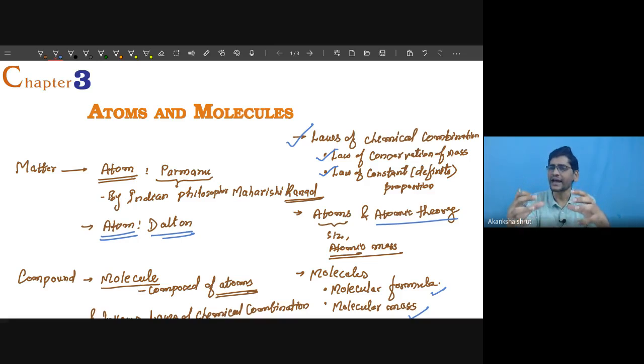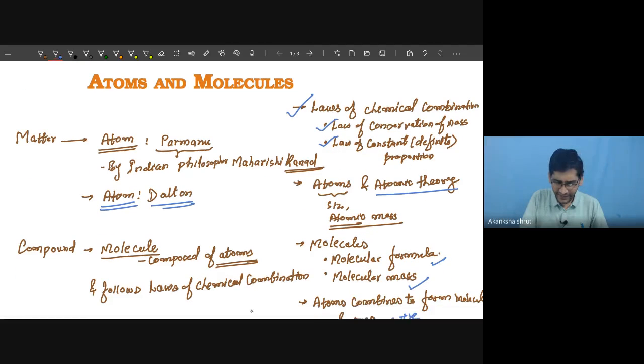They observed certain rules, and those rules were called laws of chemical combination. These laws were proposed by two scientists, one called Lavoisier, another called Proust.